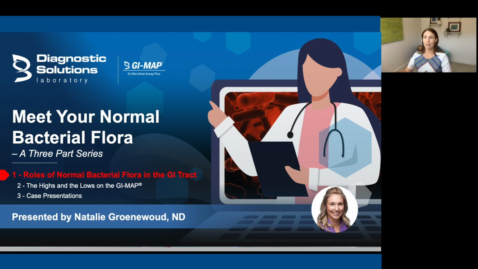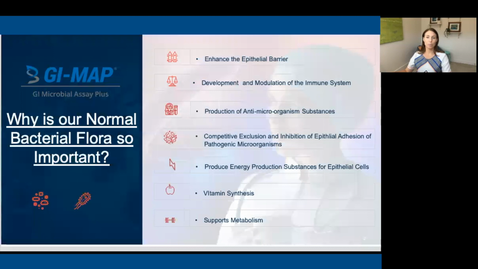So let's get started. I think, normal bacterial flora, we are learning so much about this frontier daily. There's new research, there's new insights. It's a very exciting time to uncover all things normal bacterial flora in nature. And I think it's really exciting for us in particular because we've got such an intimate relationship with normal bacterial flora.